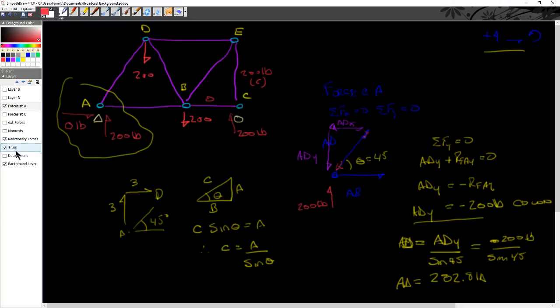Now I can go to my reactionary force layer, and put in this vector, which is 282.8 pounds. And that is going down, so that's in compression.